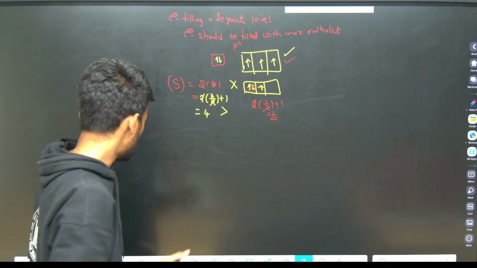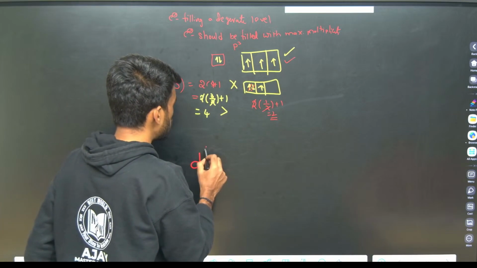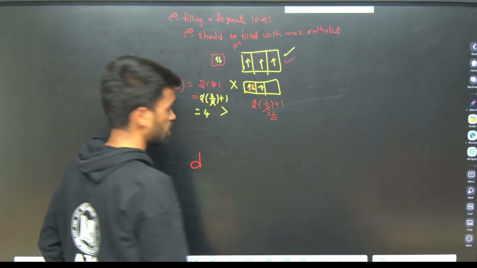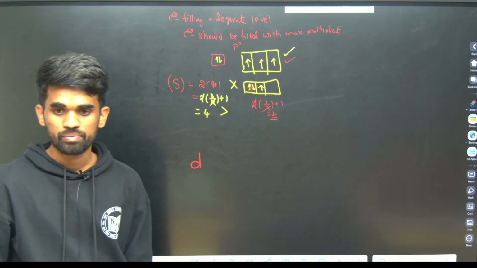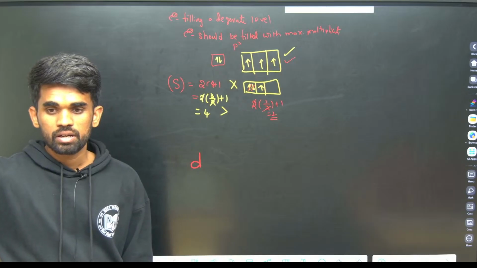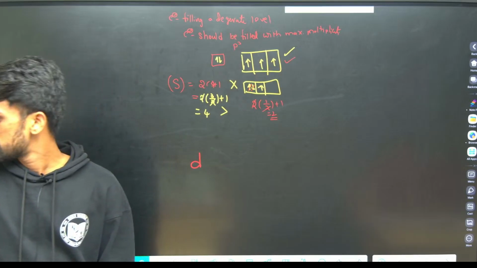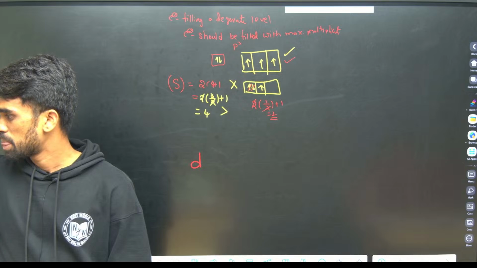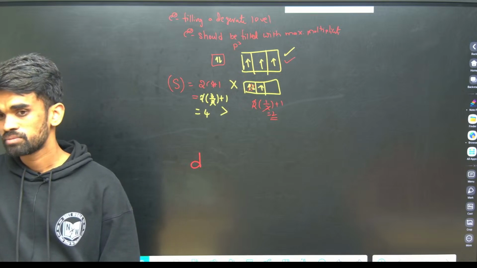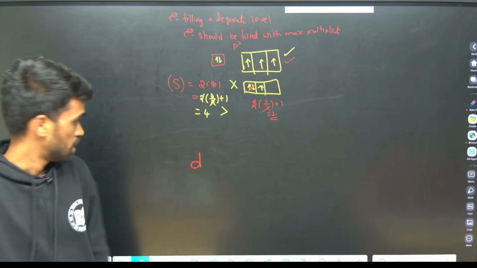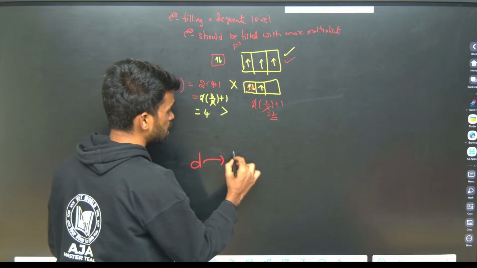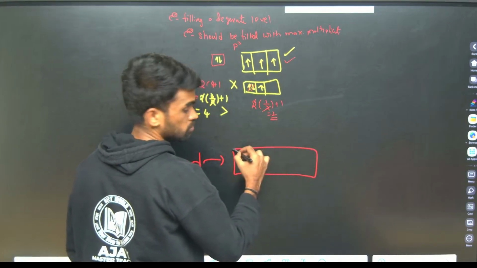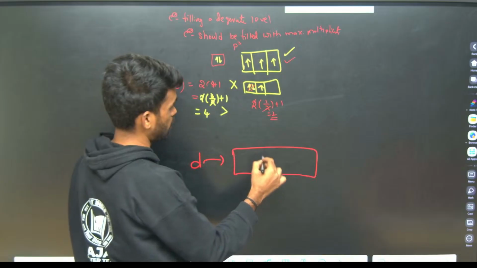Okay, so for d orbital, what are the stable electronic configurations? Tell me for the d subshell. See, how many orbitals are there in the d subshell? 5.